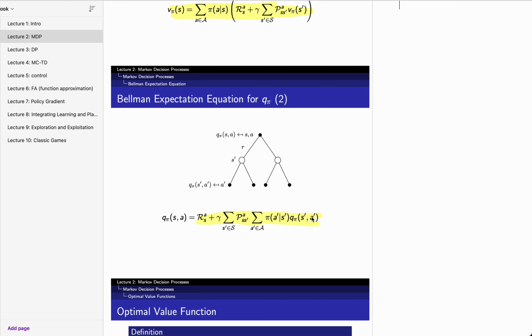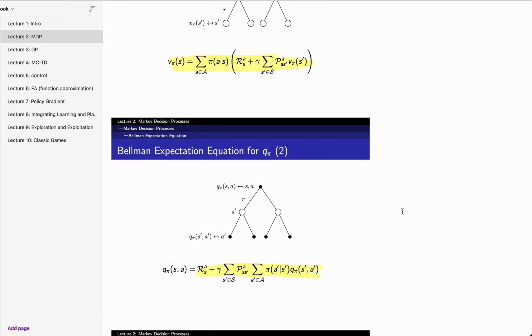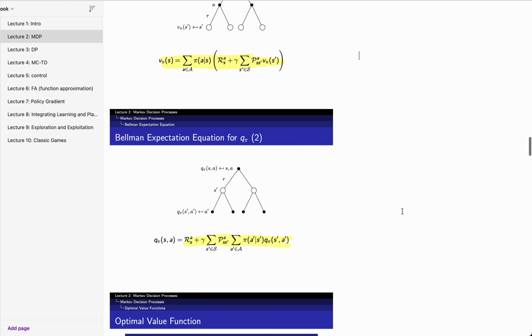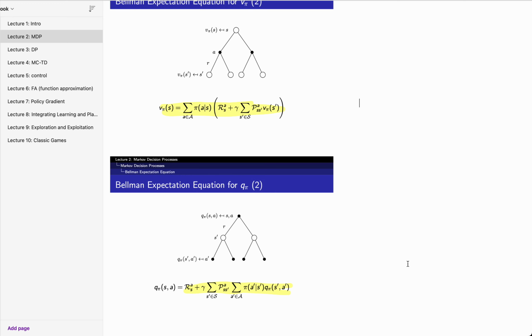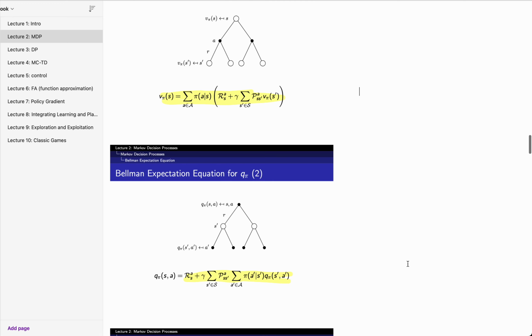Each state value function would be equal to the corresponding action value functions times the probability, which is pi, and then sum it up. I hope it makes sense. At least it makes sense to me.